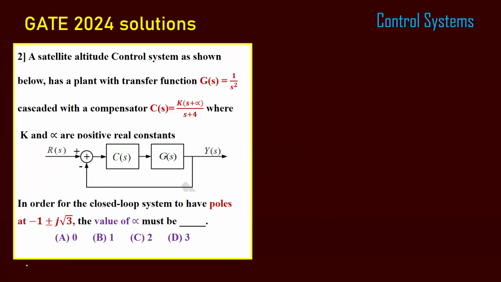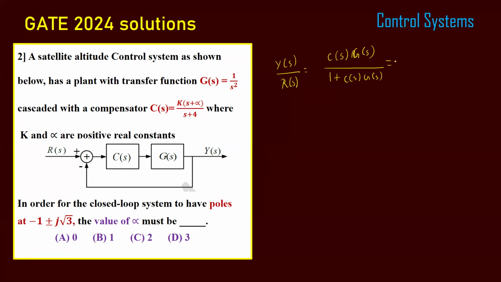So let me find the transfer function for the given block diagram. Y(s) by R(s) is the cascading connection of C(s) and G(s) multiplied, divided by 1 plus C(s) G(s) H(s), where H(s) is 1, so we can remove that. That is C(s) G(s) by 1 plus C(s) G(s).